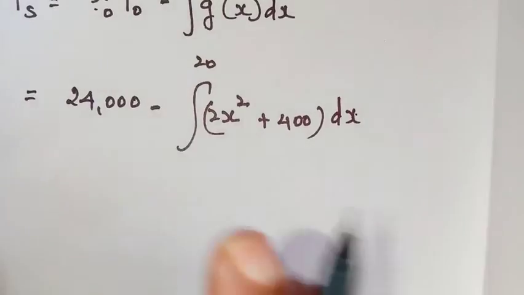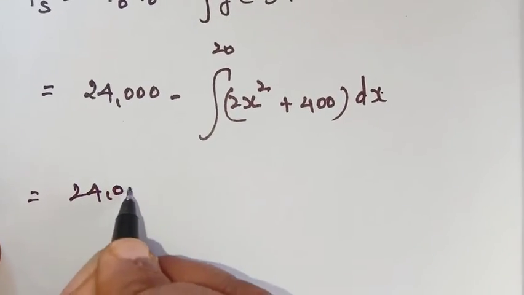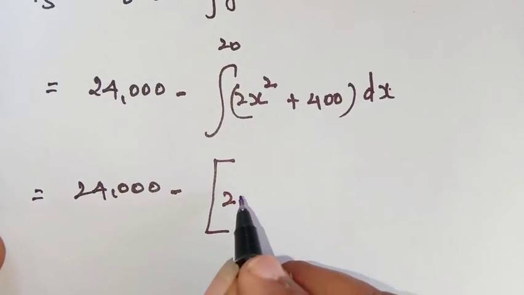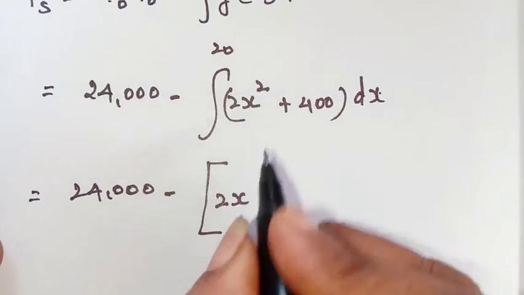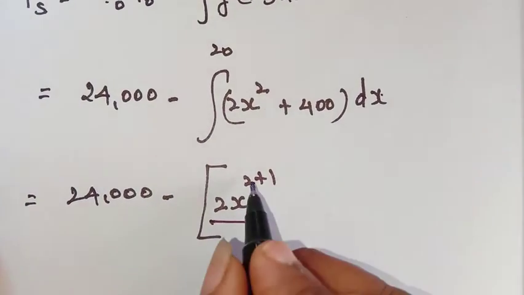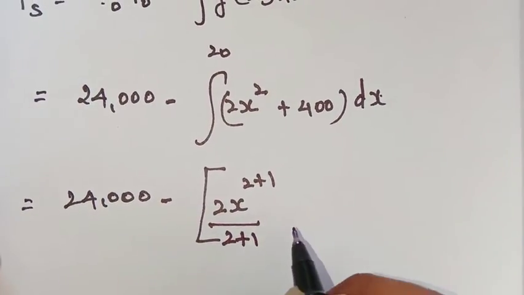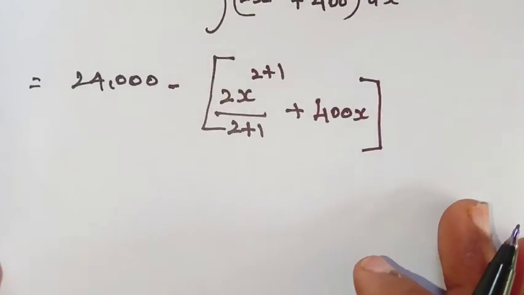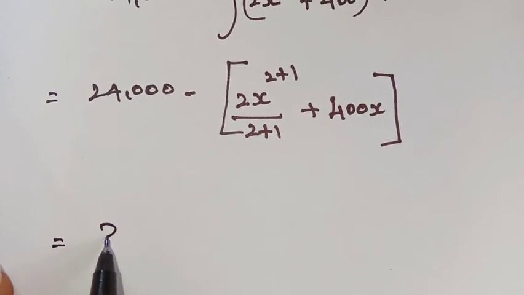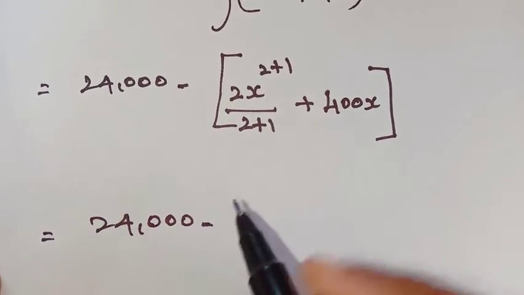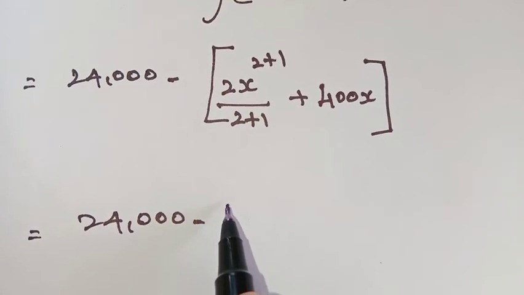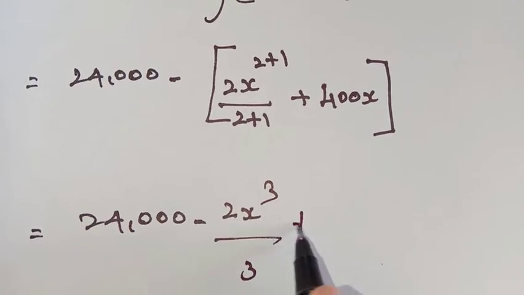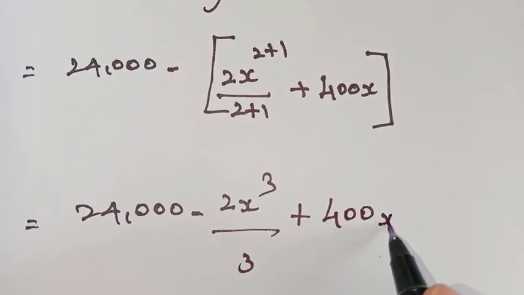Next, the same 24,000 minus: 2x square integrates with power 2 plus 1, giving 2x cubed divided by 3, plus 400x.